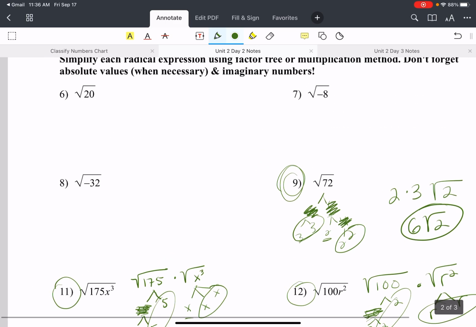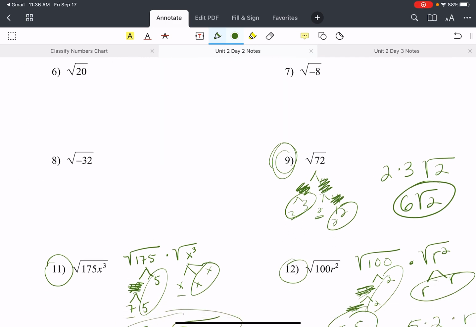Okay, let's look at number 8. Okay, split the negative. 32 is even, so I know it breaks into 2s. So I did 2 and 16, then 2 and 8, 2 and 4, 2 and 2. That looks too scary with the numbers, so I like to cross off all the non-primes.